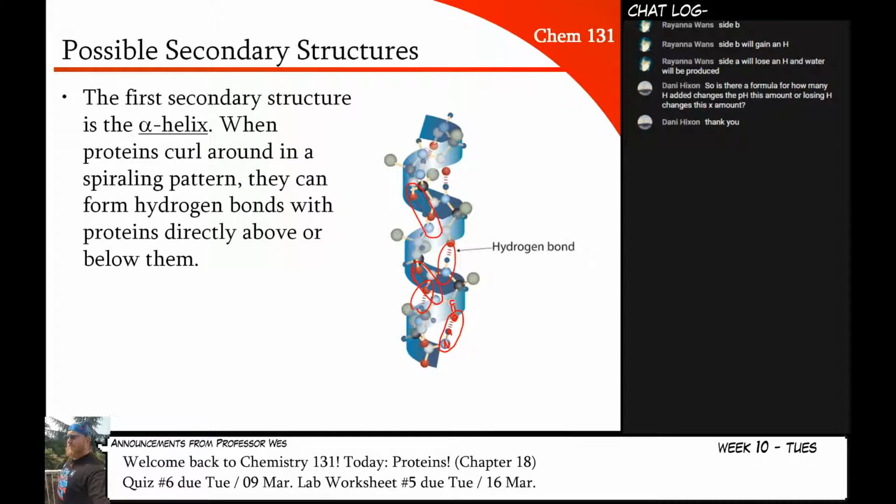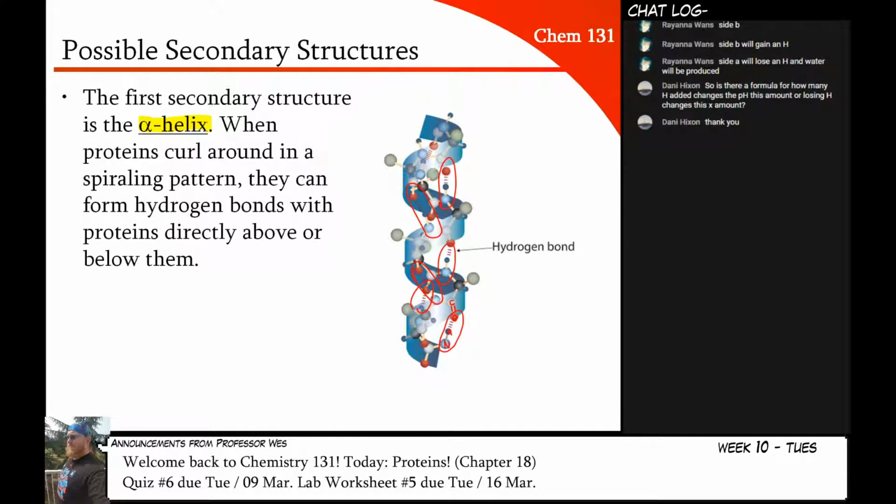I'm just trying to find them so I can circle them. There we go. And what ends up happening is if I do this in a particular way, I get this sort of spiral. And so this spiral is called an alpha helix.